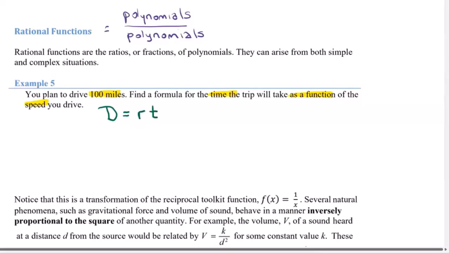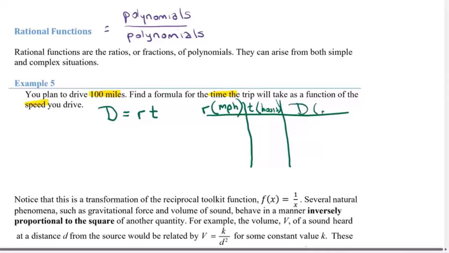How can you remember that? Well, let's think about it. So if I were to drive, this is rate, and we'll call this miles per hour. This is time, and we'll say this is in hours. And we'll have this as distance in miles. Okay?